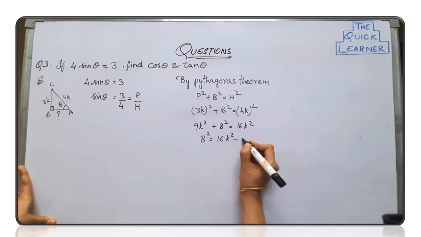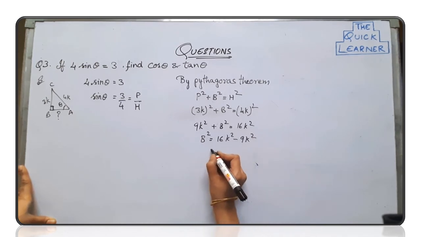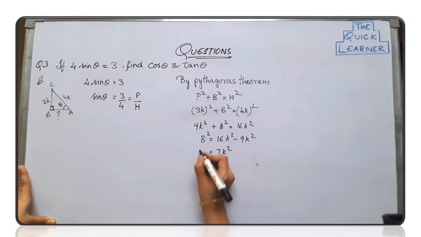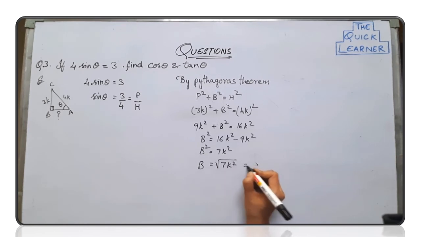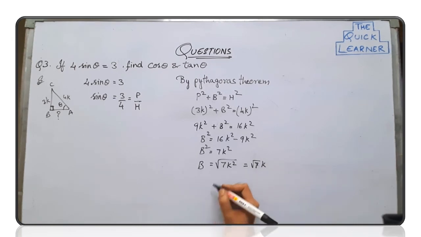16k square minus 9k square. 16 minus 9, how much? 7k square. Now, b is equal to square root of 7k square, which can be written as root 7k, right?